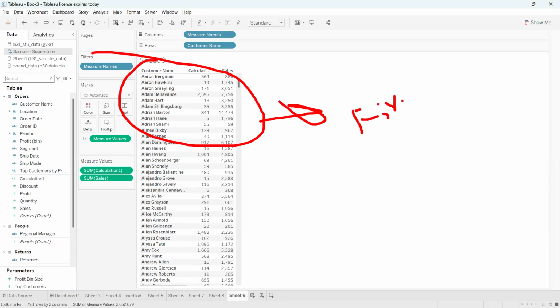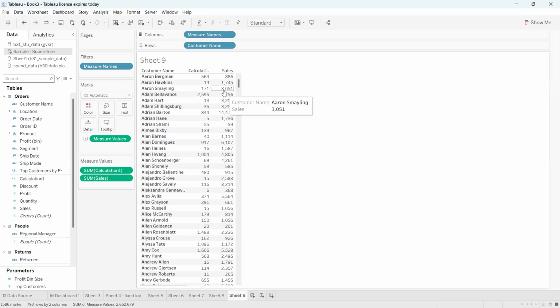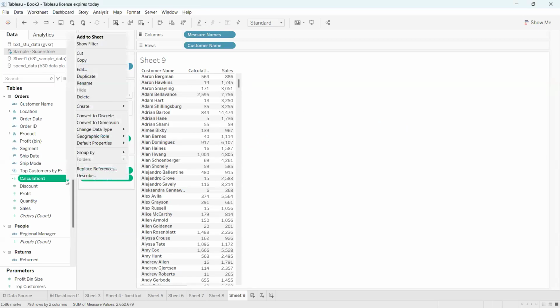Very simple. Or if you want to fix the aggregation at a particular dimension level, then go for fixed LOD. See, I can achieve the same requirement with the help of include LOD also.